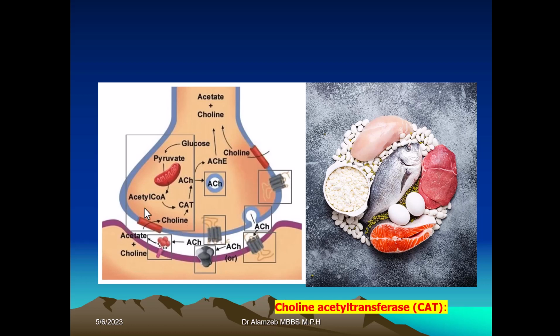Here acetyl-CoA is produced by the mitochondria, and by the action of CAT, which means choline acetyltransferase, an enzyme which acts on these two and binds them, they synthesize the acetylcholine, which is then loaded into the synaptic vesicle.